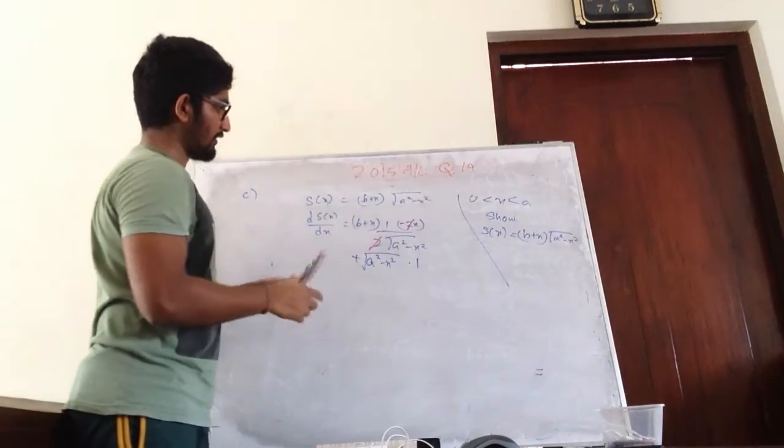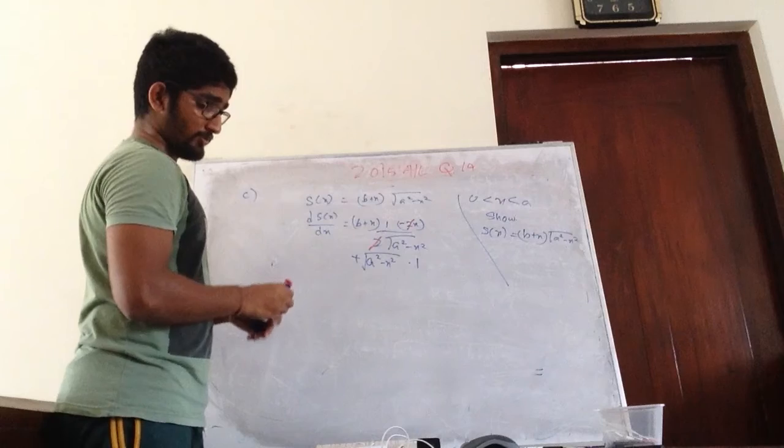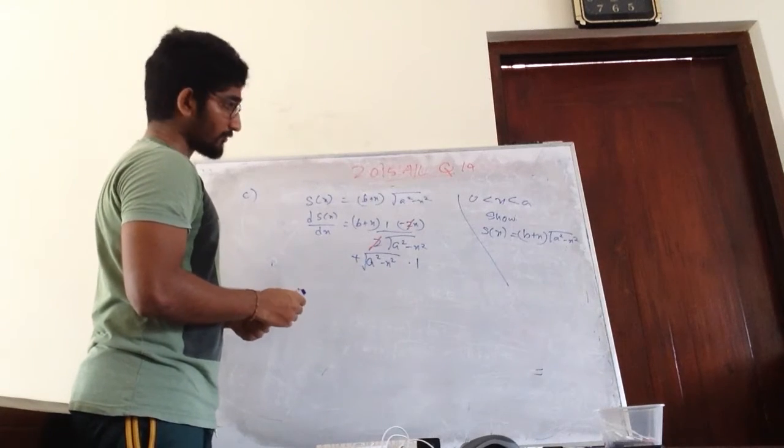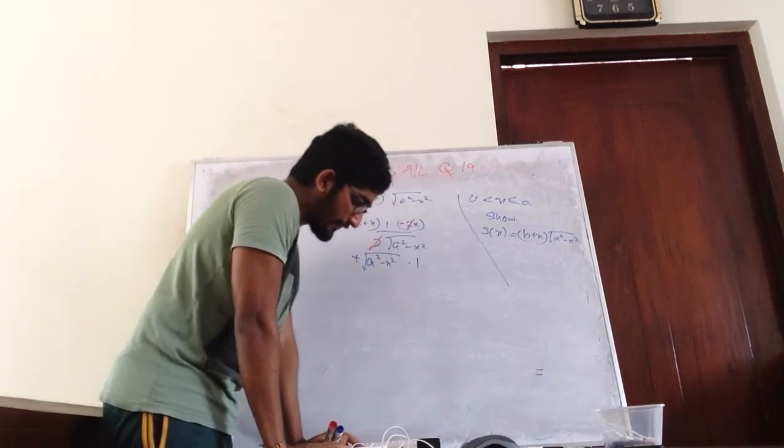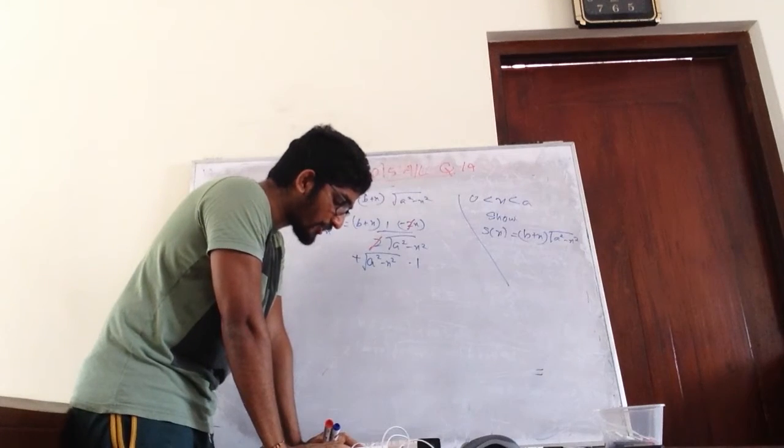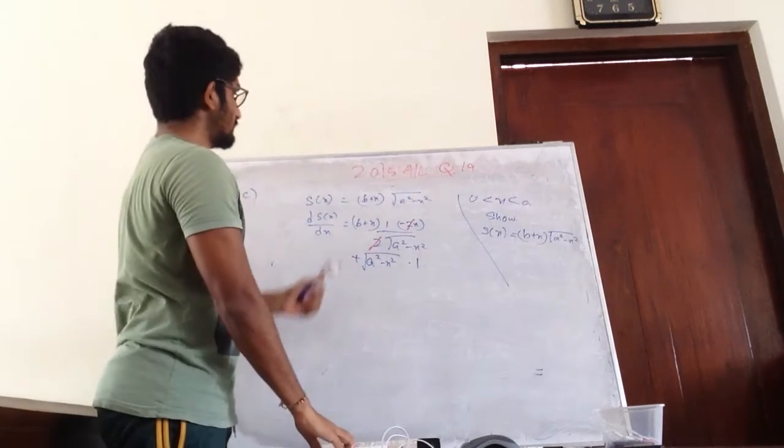So there's a minus here. But wait a minute, they have given a as square root 6 and b equals 4.